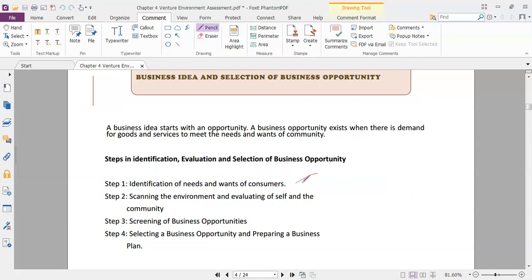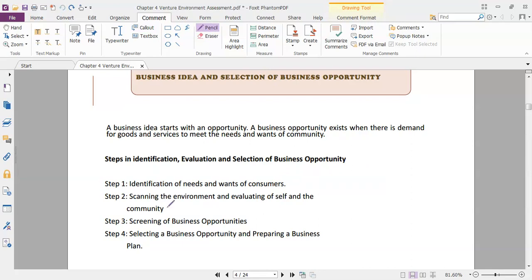You need to know what consumers need around your location. For example, if you live in an urban area or in the city, what are the needs that every citizen has?